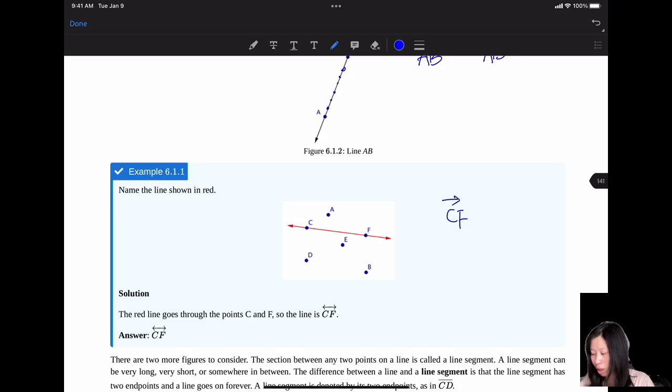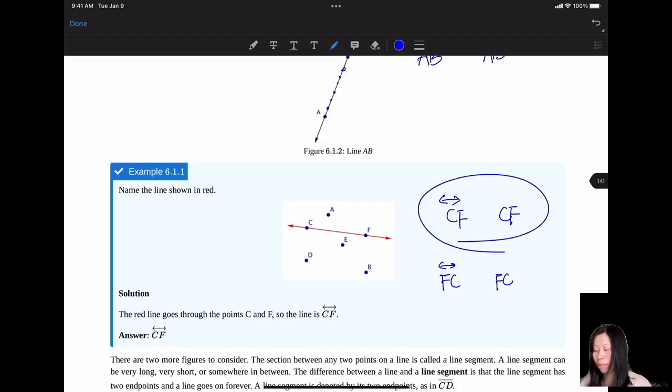You can either write it in this way or just write it as CF. Also, you can say this is FC. But customarily, we usually just name these two points in alphabetical order. So we more usually go by CF in these two ways.